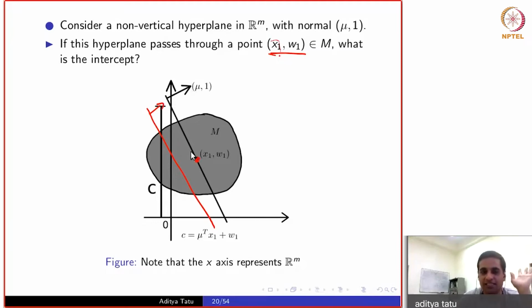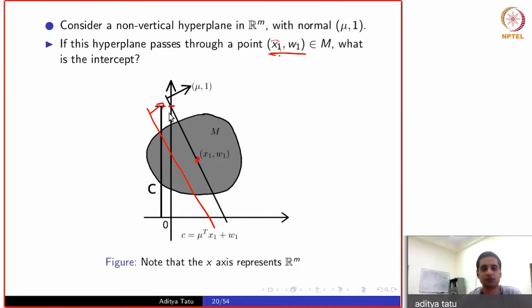Just giving the normal is not enough. Also telling you that this plane passes through this point. The question is, what is the intercept? At what y coordinate does this line intersect?